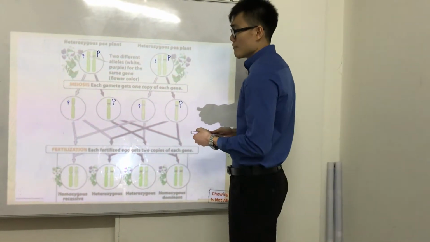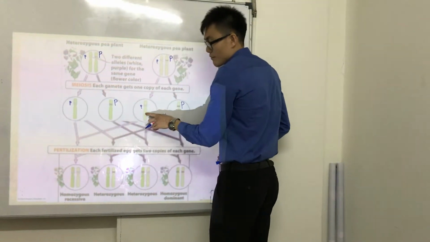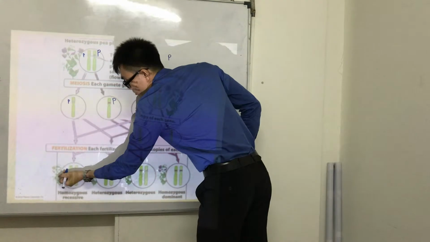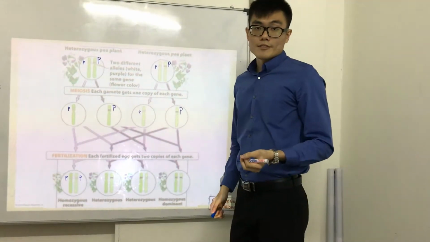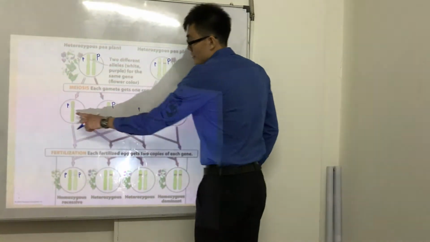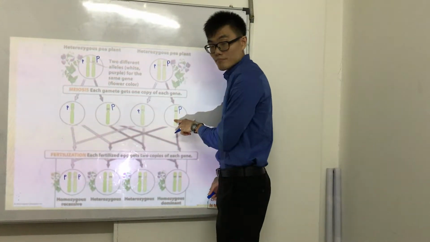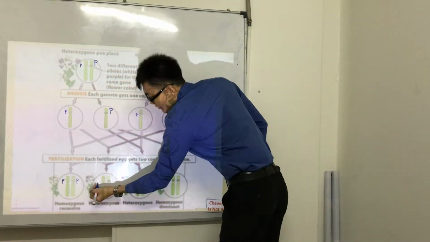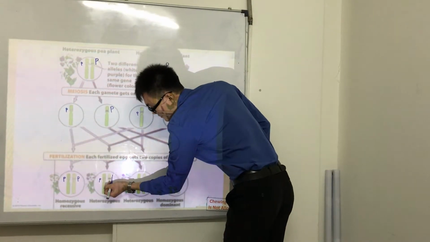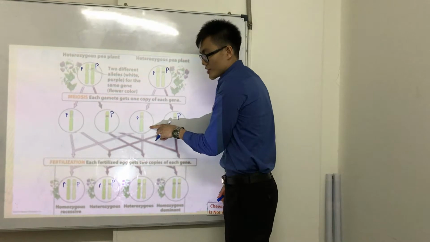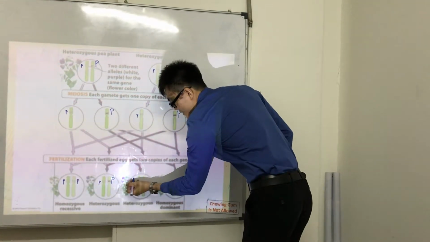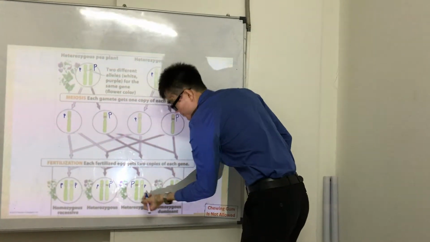So the outcome, if this small p fertilizes with the small p, will be homozygous recessive. And if this small p meets this big P, it will form heterozygous. And if this big P fertilizes with this small p, it will be heterozygous as well.